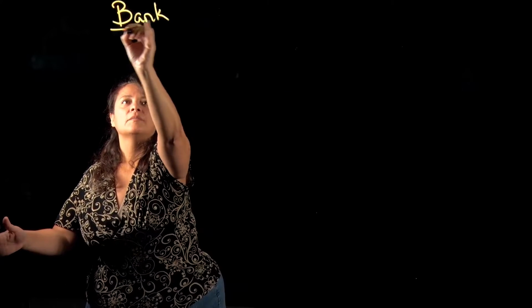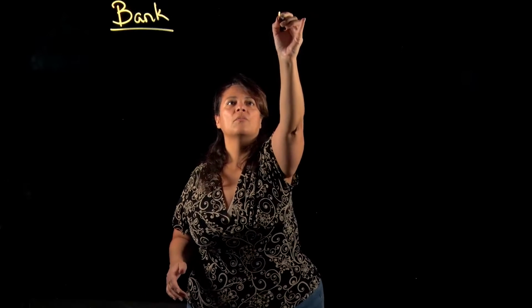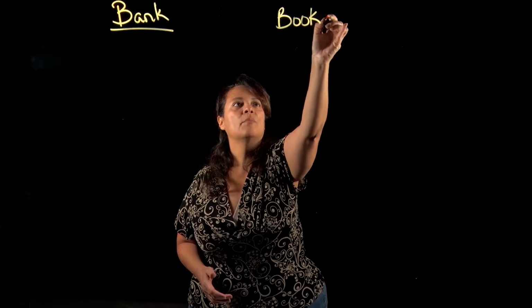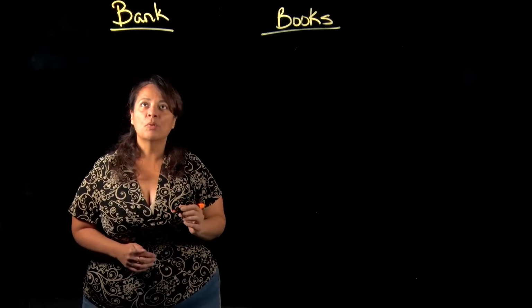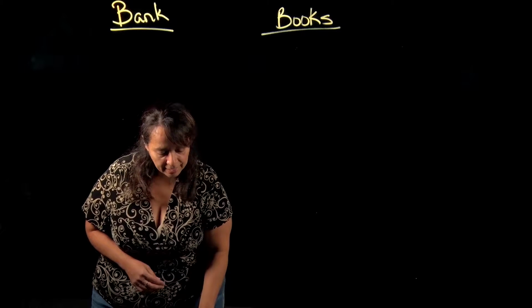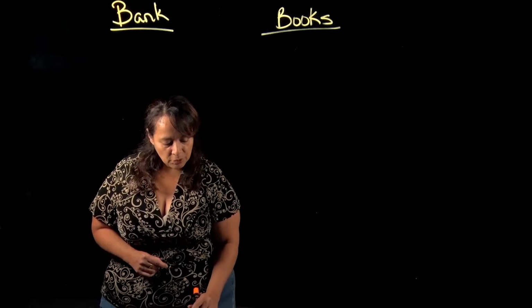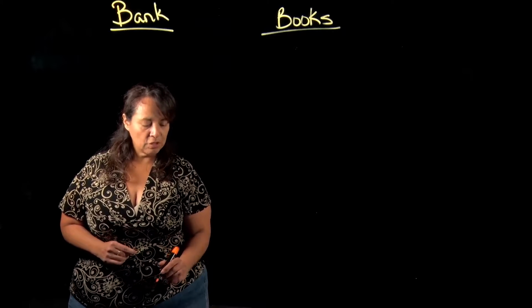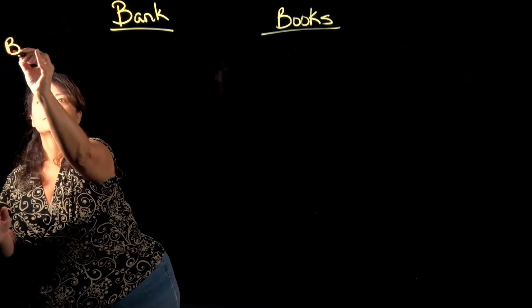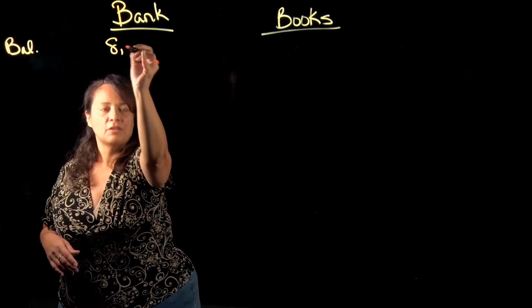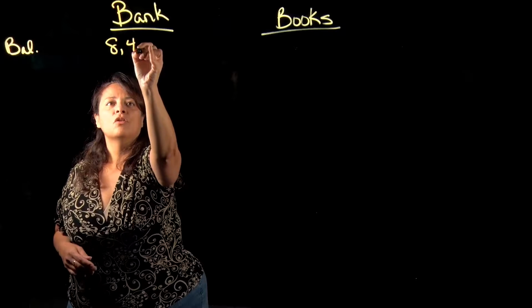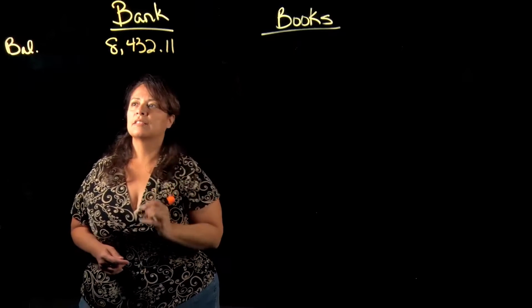I'm going to start right here with a column called bank, and over here with a column called books. So these are my company records. All right. And so your problem tells you in letter A that the balance per the bank statement at the end of May 31st is $8,432.11.